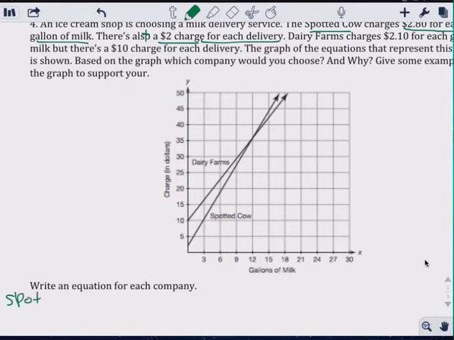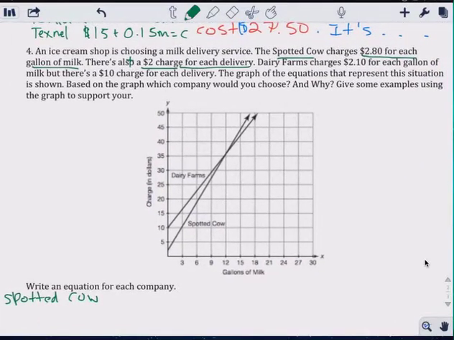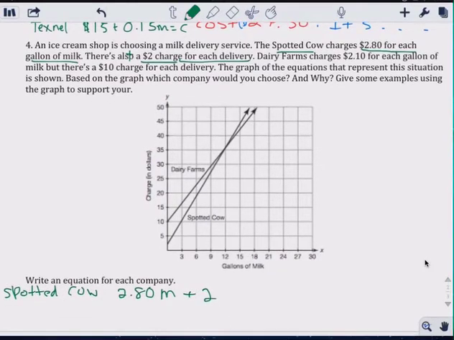The equation is $2.80 for each gallon of milk, plus the $2 delivery fee. That's going to equal its total cost.